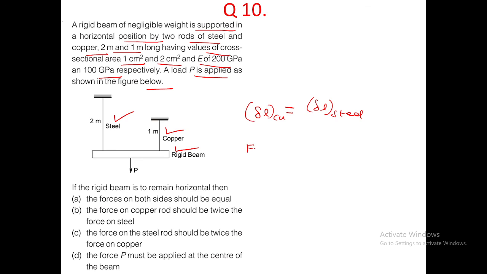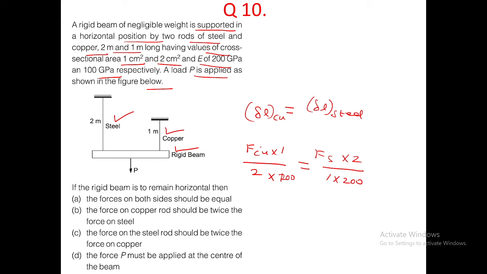So F copper into length 1 divided by AE, with A being 2 and Young's modulus 100, equals F steel into length 2 divided by area 1 into 200.